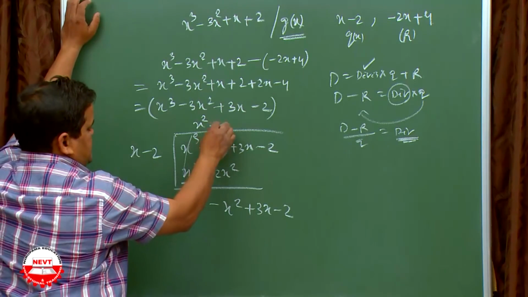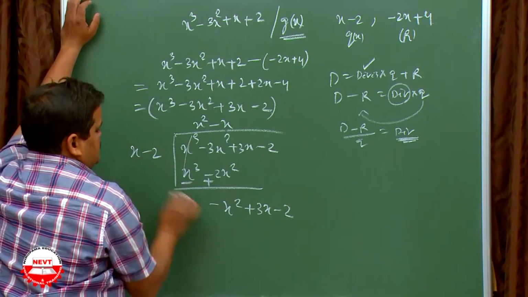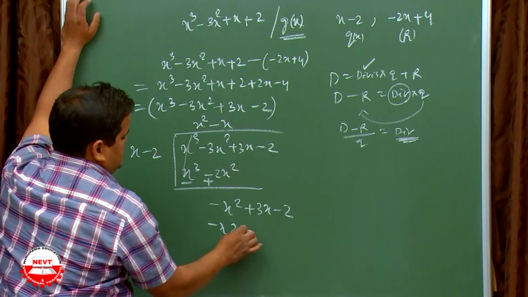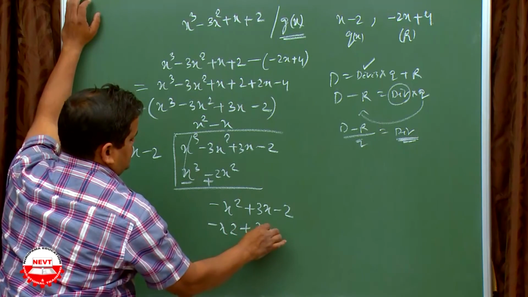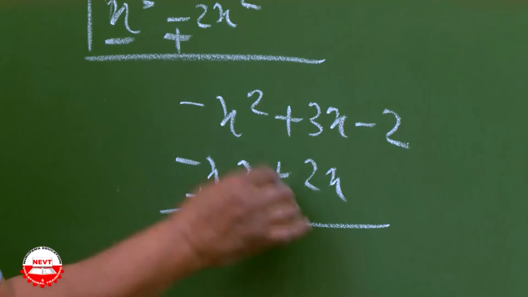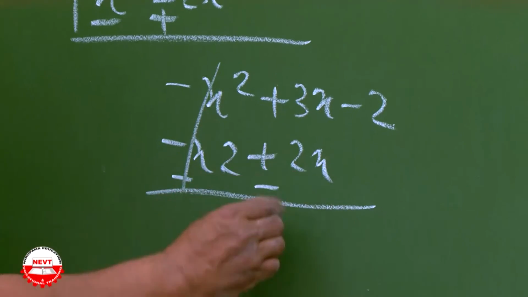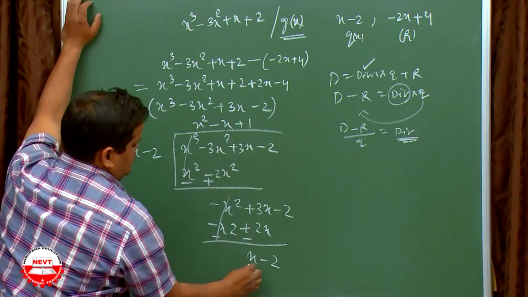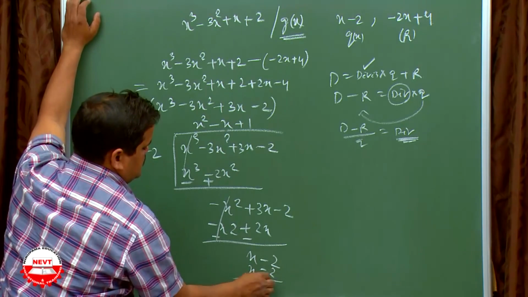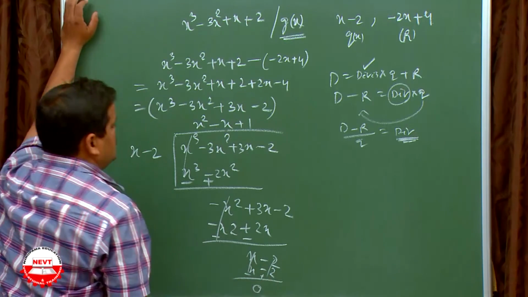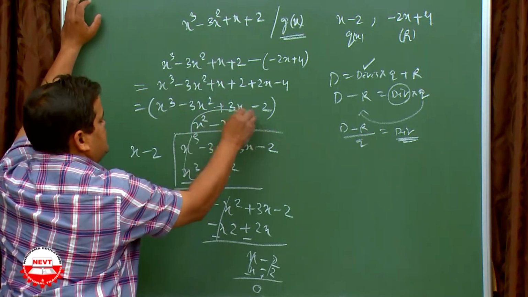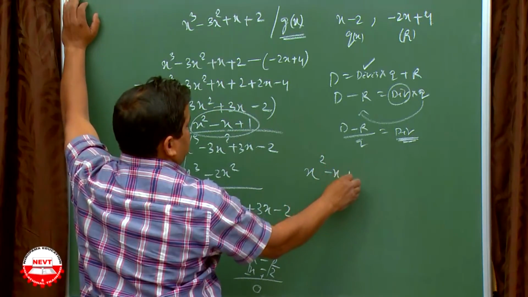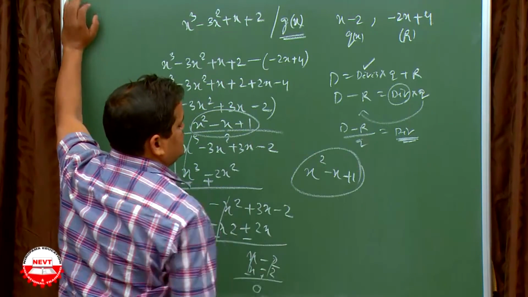What will we put here? −x. −x into x is −x², −x into −2 is +2x. 3x − 2x is x − 2. So simply put 1 here. It will be x − 2. So what is the divisor you get here? x² − x + 1. This is g(x). It's okay?